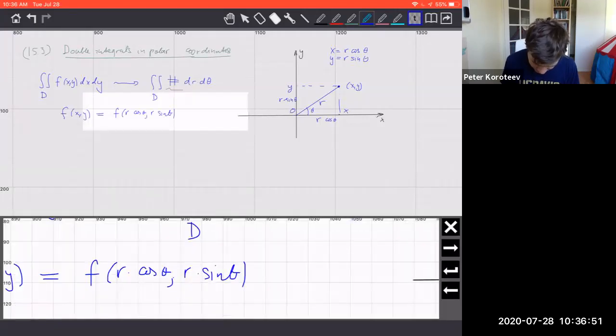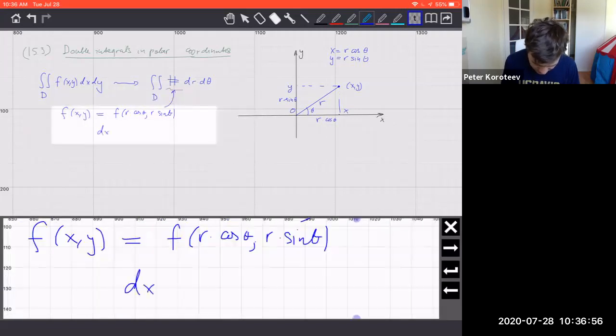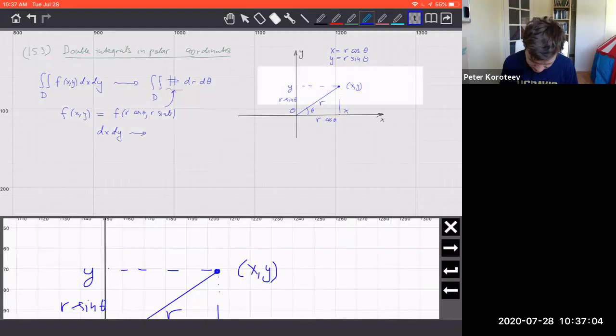And that should definitely go into the integrand. But then the question is what to do with dx dy, right? What will that become? To figure this out, we need to look more carefully at the representation of those small areas in polar coordinates as opposed to Cartesian coordinates.